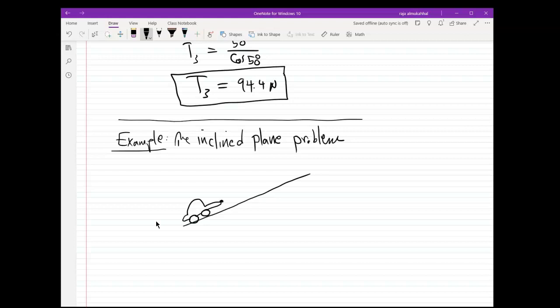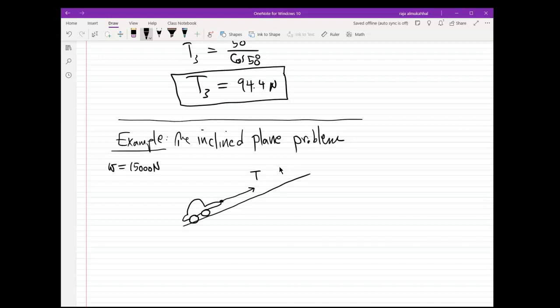There is some crank somewhere here, and it's pulling it with some tension T. Now the weight of the car W is 15,000 Newton.